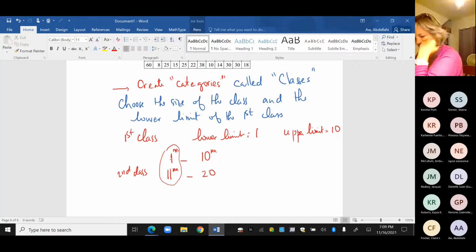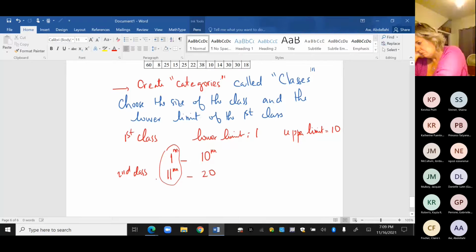Do we agree with that, everybody? That is a common source of mistake. When you say the size of the class, you don't do upper limit minus lower limit. The size of the class involves 2 consecutive classes. When you subtract the lower limits, that gives you the size. When you subtract the upper limits, that gives you the size.